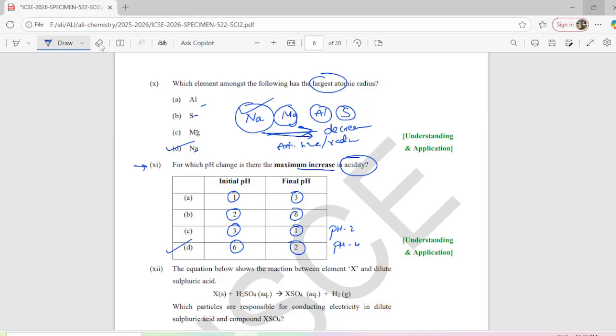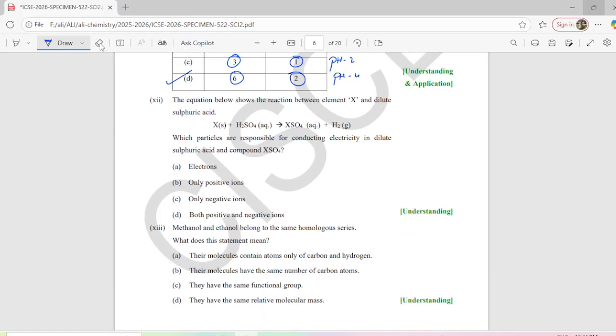Right. Next, MCQ 12. The equation below shows the reaction between element X and dilute sulfuric acid. Which particles are responsible for the conduction of electricity in dilute sulfuric acid and compound XSO4? When any compound is conducting electricity, we call it an electrolyte.